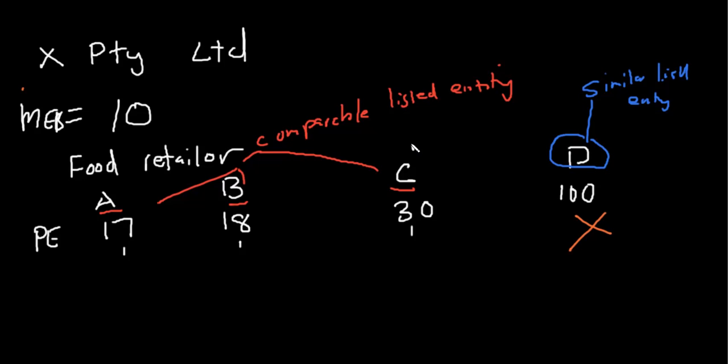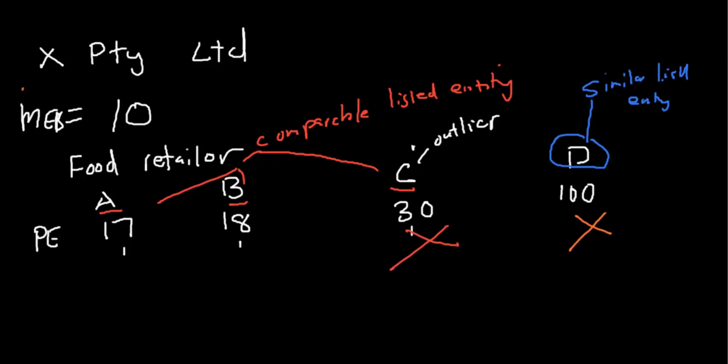As you can see, the PE ratio of C is 30, whereas A and B are 17 and 18. So C appears to be an outlier. Therefore, even though C is a comparable entity, we are not going to use C because it appears to be an outlier. So it's not comparable per se to what we want to use.